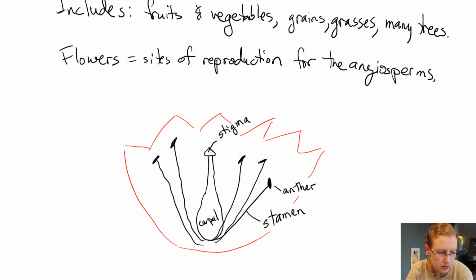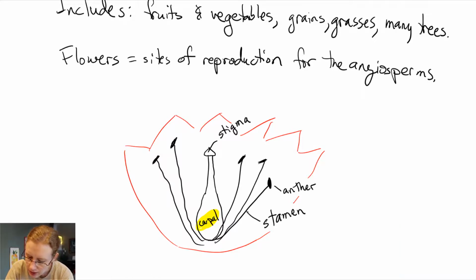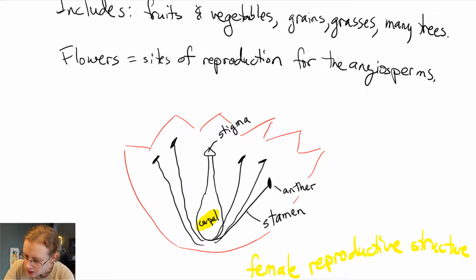Okay, let's identify some key things here. So the carpel, let's see, maybe I can just grab a highlighter. The carpel is the female reproductive structure of the plant. And the stamen and the anther are the male reproductive structures.